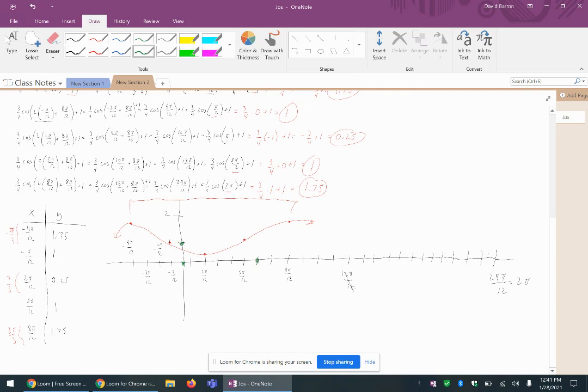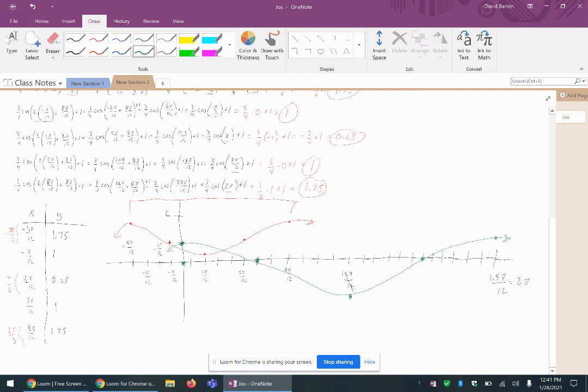Cosine of pi is negative 1. Cosine of 3 pi over 2 is 0. And cosine of 2 pi is positive 1. So the regular cosine function does something like this.